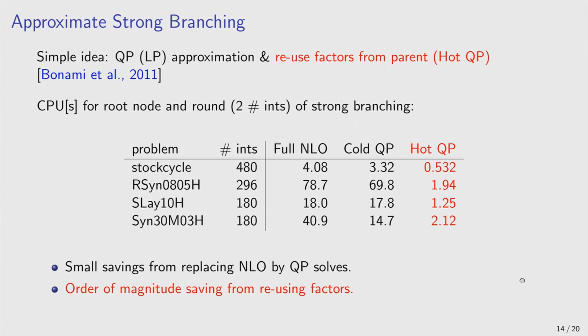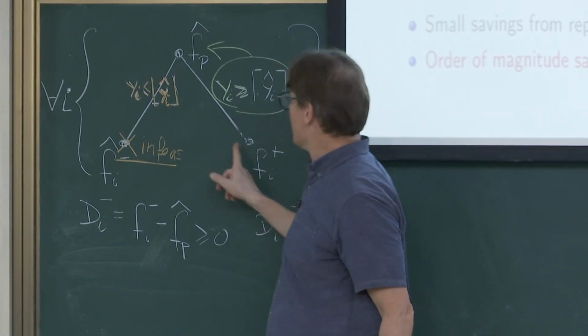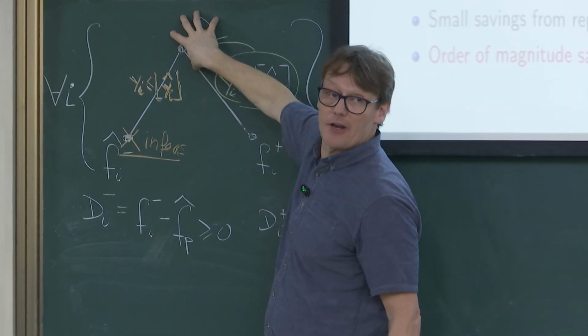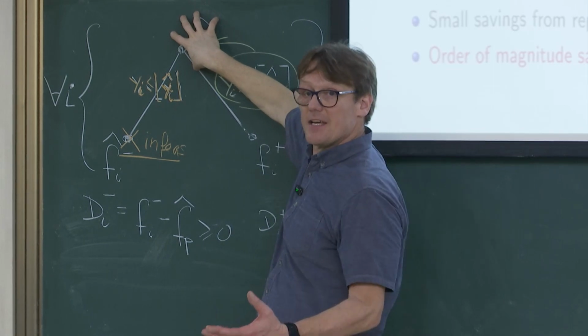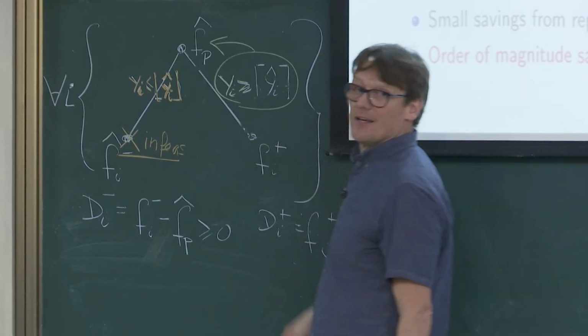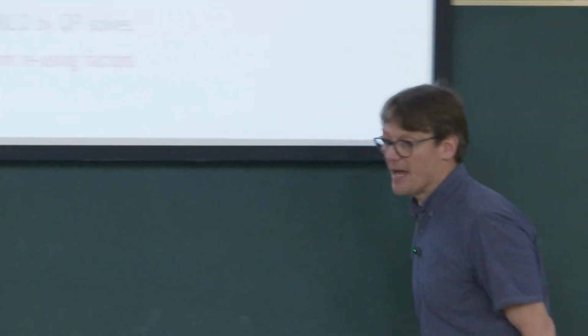We tried something where we looked at simple approximations. Instead of solving nonlinear optimization problems at these two nodes, we took the last solution of the nonlinear optimization problem here, the last quadratic programming approximation, and used that to estimate these costs.